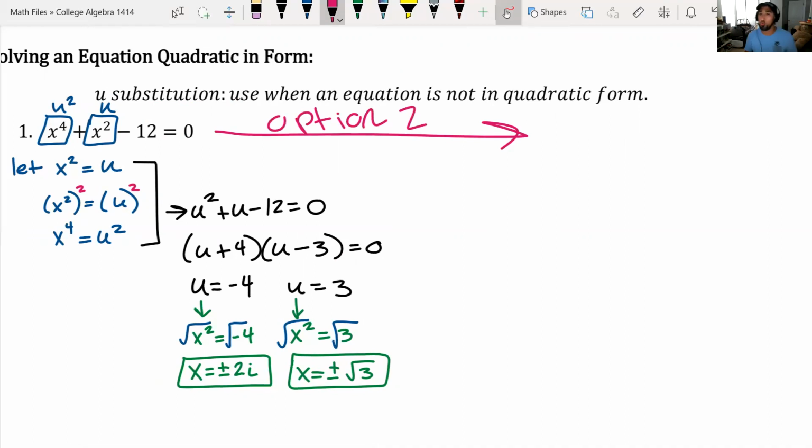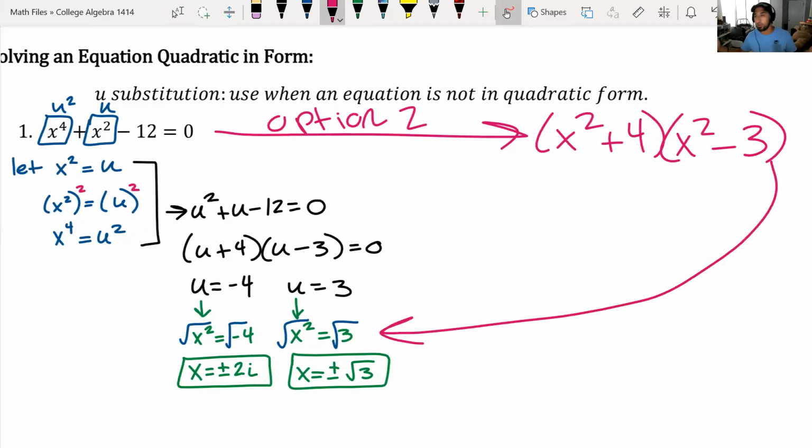Option 2. All right, just factor it. That's all you have to do. If you want to get to x to the 4th, then this should be x squared plus a number, x squared minus a number, and you guessed it. You already factored it down below. This factors to x squared plus 4, x squared minus 3, set them equal to 0, and guess what?